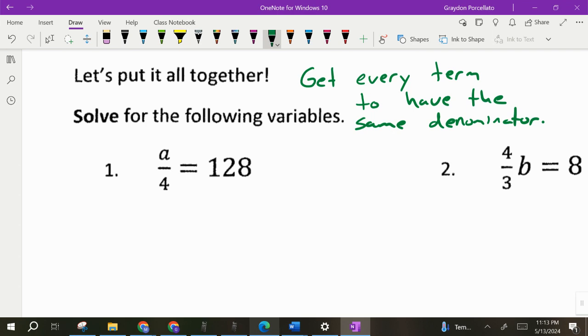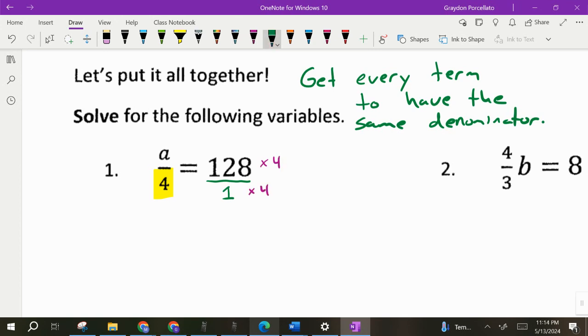Okay, so my first one here, I notice that my denominator here is 4. So what I want then is I want everything in this equation to have a denominator of 4. So the only thing that doesn't is 128. Right now that's over 1. So what I'm going to do is I'm going to multiply the top by 4 and the bottom by 4.